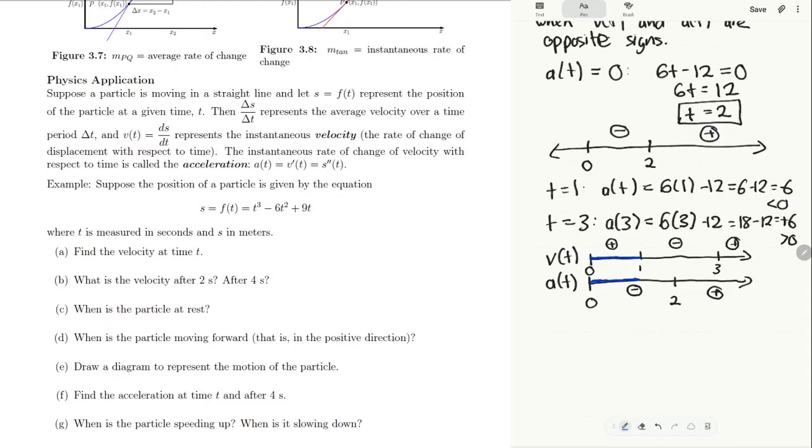So between 0 and 1, they have opposite signs. And between 2 and 3, the velocity function is negative, and the acceleration function is positive. So that is when they have opposite signs.